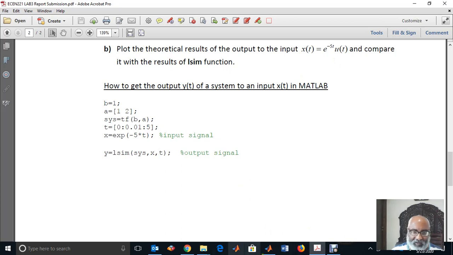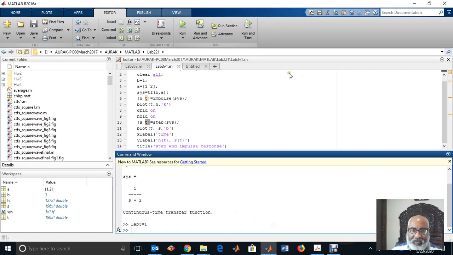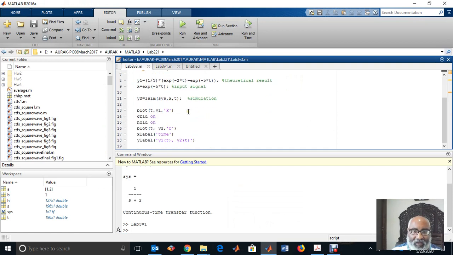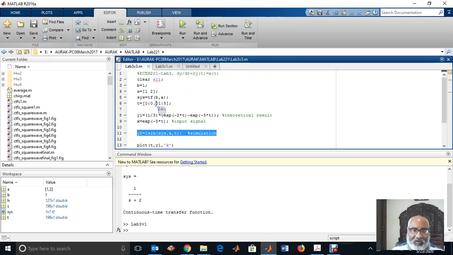And let's go to MATLAB. Now I did it already here, but you have to do it by yourself. And here is my function. Also, I found the theoretical result. And then on top of this, I have this LSIM function, y2 equals LSIM of system, x, t, and I plot the theoretical result y1 and the simulation result y2 using the LSIM function.